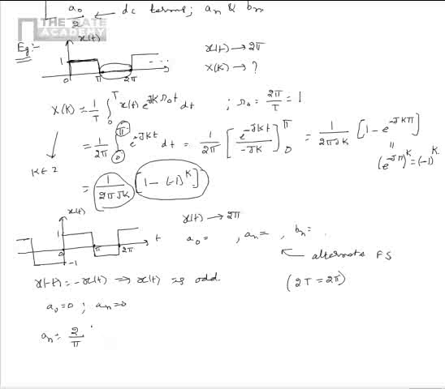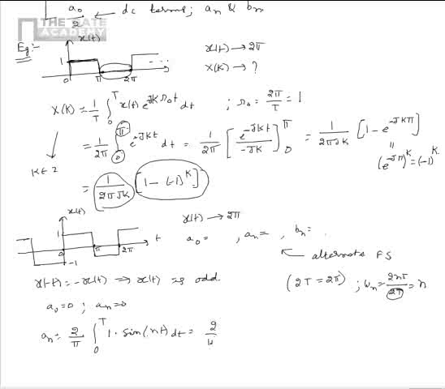So bn is equal to 2 by T, that is 2 by pi, integral 0 to T of x of t, that is 1, multiplied by sine of omega n t. We know that here omega n is equal to 2n pi divided by 2T, which is equal to n, because 2T is 2 pi. From this we see that omega n t will be nt, dt.